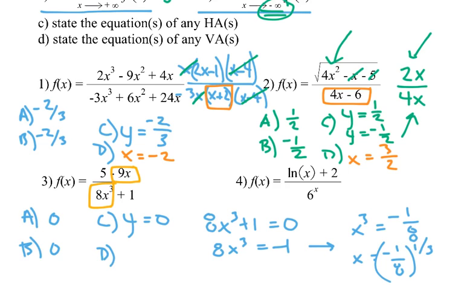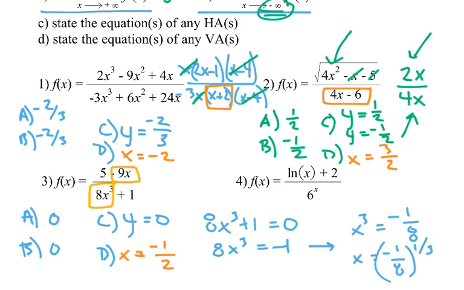The cube root of 8 is 2, and so the cube root of 1/8 is 1/2, and the cube root of negative 1/8 therefore is negative 1/2. Negative 1/2 times negative 1/2 times negative 1/2 is negative 1/8. So our answer to D is negative 1/2. x equals negative 1/2.